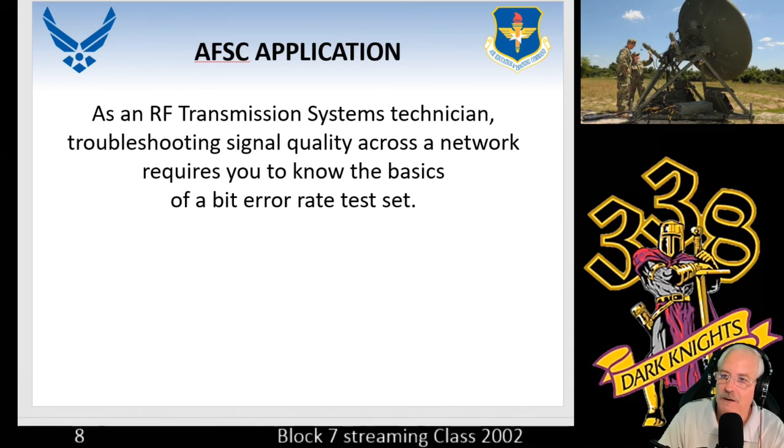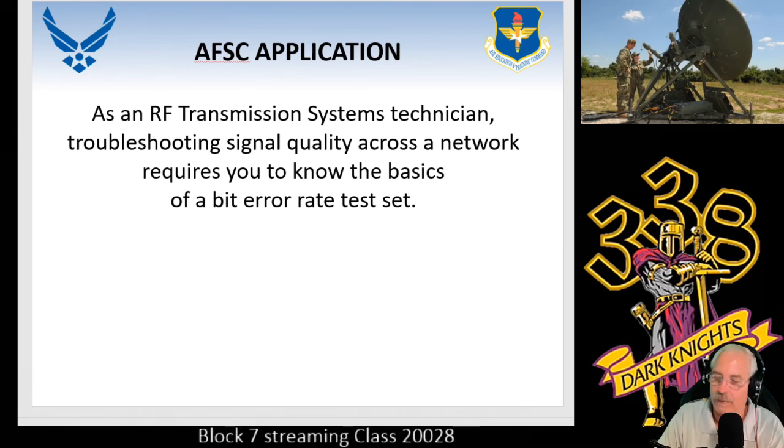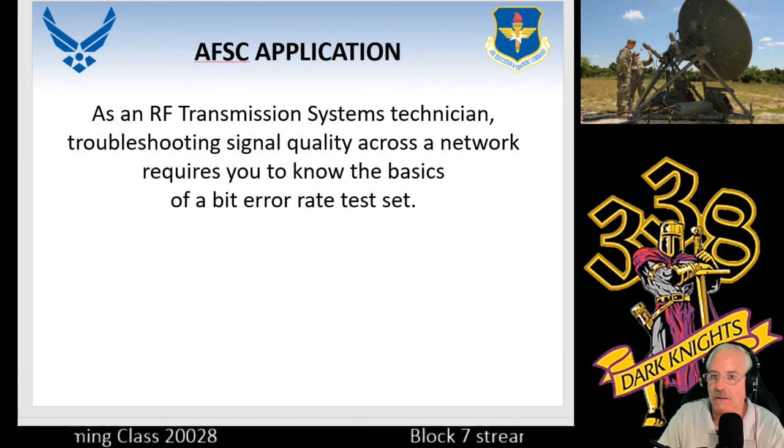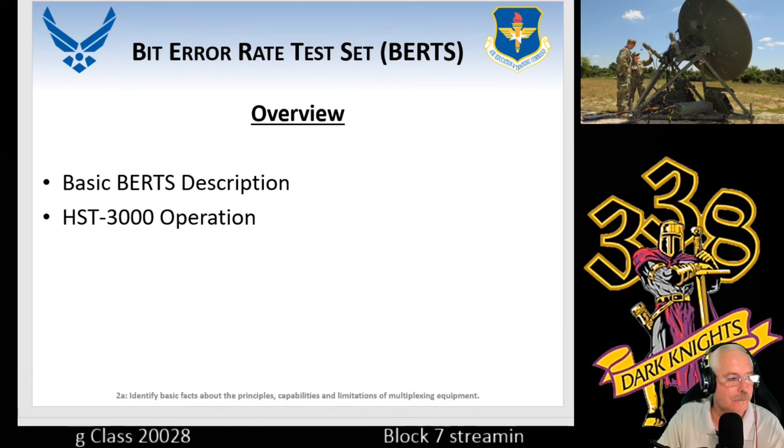When you are dealing with items like the multiplexer or routers or anything like that, there's a very good possibility that you're going to have some errors show up. Now, with using a BERTS, you're going to be able to find out what is an acceptable error rate versus what isn't an acceptable rate. It depends on the equipment and what to look at.